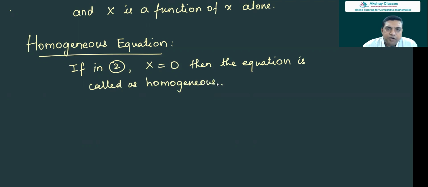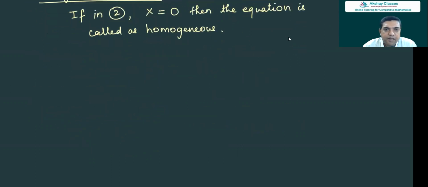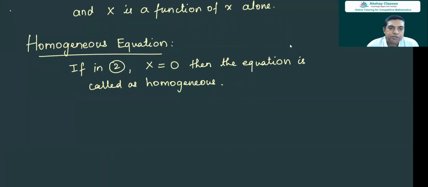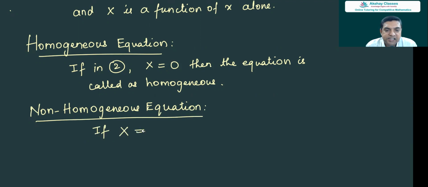Very simple, because every term is of degree 1 only. That's why it's homogeneous. And non-homogeneous if x is not equal to 0. If x is not equal to 0, then equation 2 is called non-homogeneous.